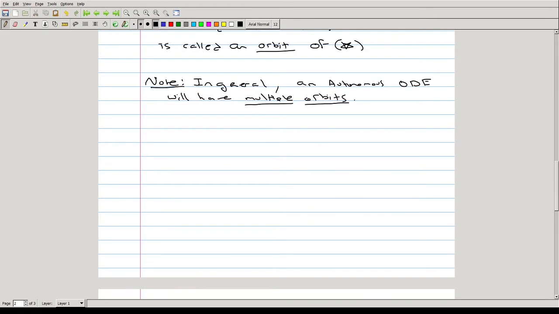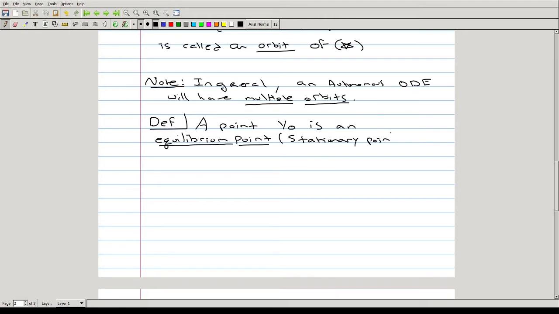Another very important definition that we'll have to make is that of an equilibrium point. And in general, a point y naught is an equilibrium point, or a stationary point of our differential equation if the value of f at the point is equal to 0.